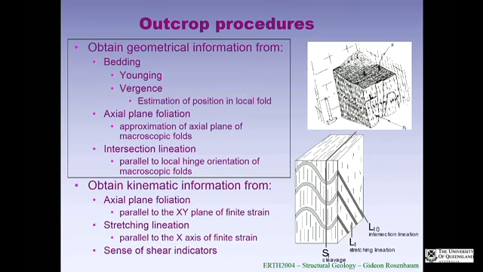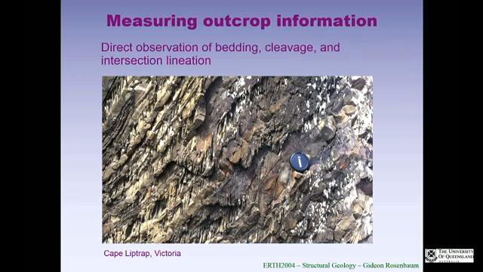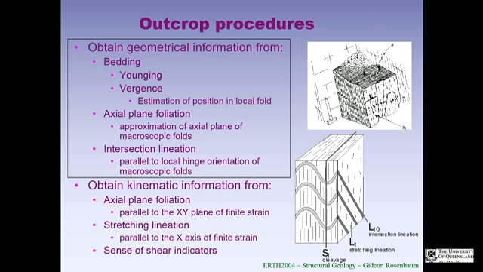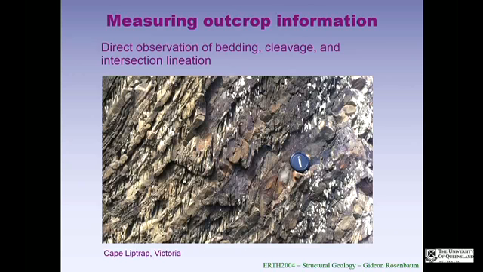Okay, so we're back here, and we can start obtaining the geometrical information on an outcrop. Okay, so what we look first is we look at the vergence, and then we'll deal with younging. So here is an outcrop, and I don't see any folds in the outcrop. What I see is bedding and cleavage. Okay, so what I get from this outcrop, I can measure.